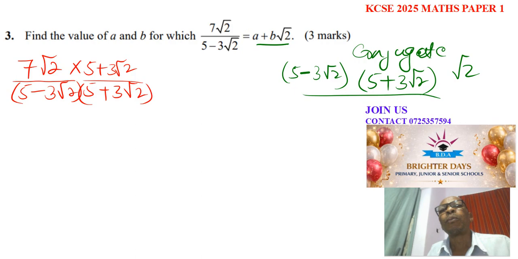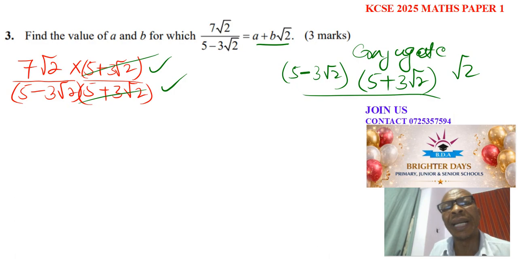So what have we done here? We have multiplied our expression on the left hand side by its conjugate. Remember, we have not changed it, because if we divide this by that, we get 1, since we have multiplied both the numerator and the denominator. It is like multiplying by 1, and anything multiplied by 1 remains the same.